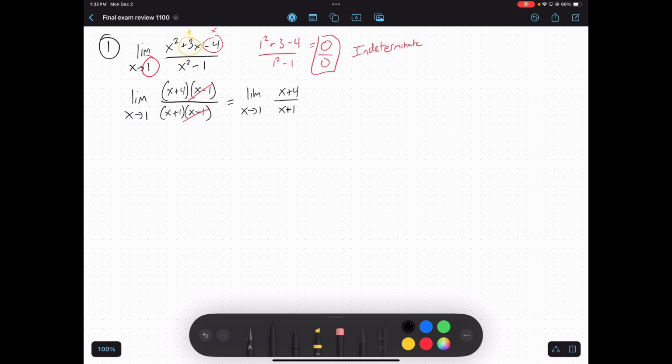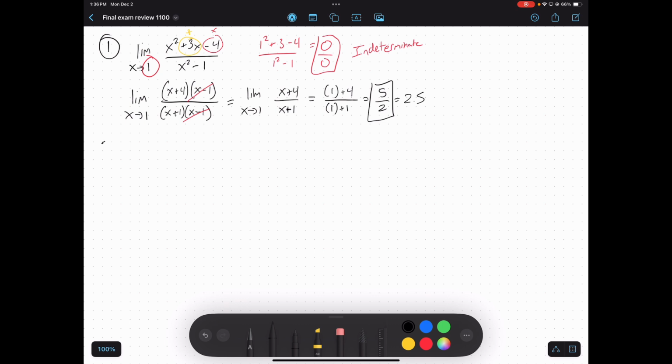Now I don't have an x minus 1 in the denominator anymore, and I can plug in 1 for x. And I get 5 over 2, which is equal to 2.5, but you don't have to go that far. Awesome. Questions about number 1? Good, a nice, simple limit problem to get us started.